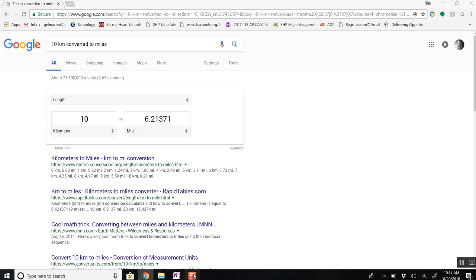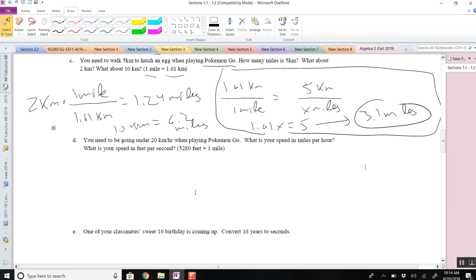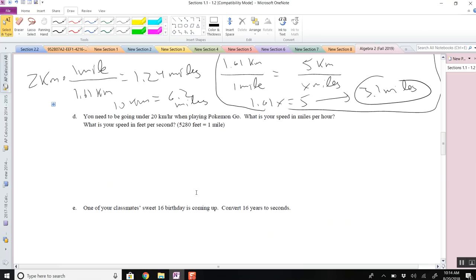Okay, so I'm back. Let's take a look at 20 kilometers per hour. We'll convert that to feet per second. So first I want to convert the hours to seconds.